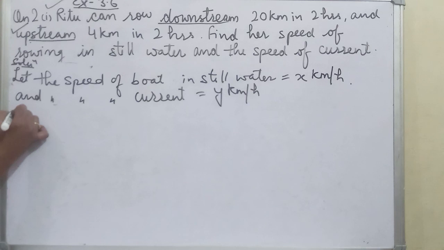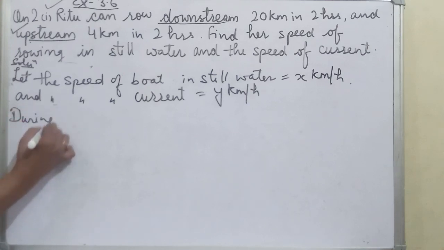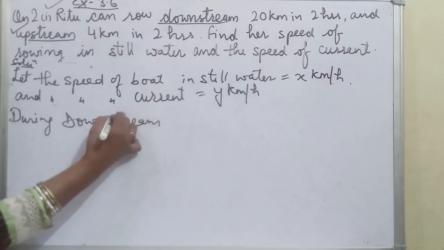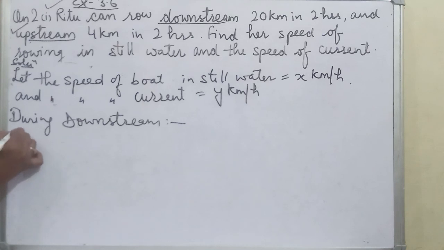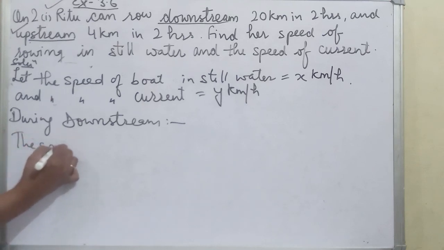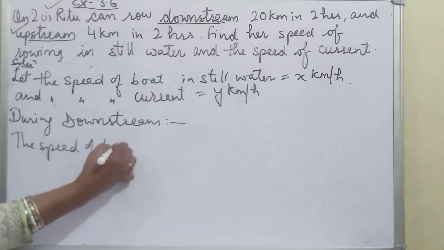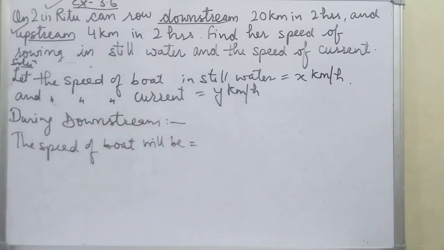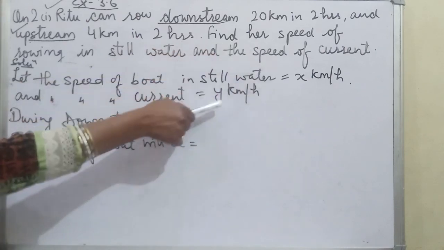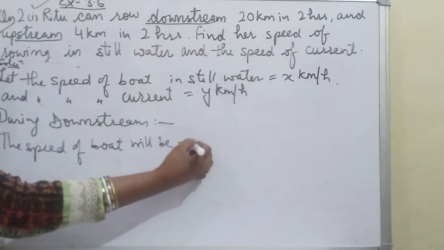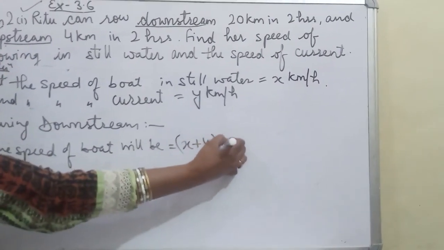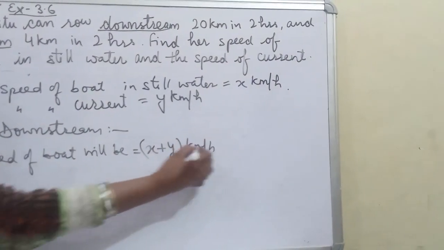So during downstream, the speed of the boat will be increased, and it will be x plus y. Both the speeds will be added and it will be x plus y kilometer per hour.